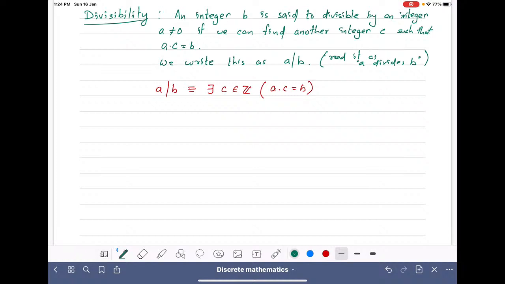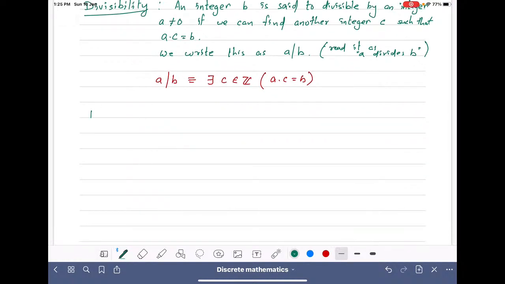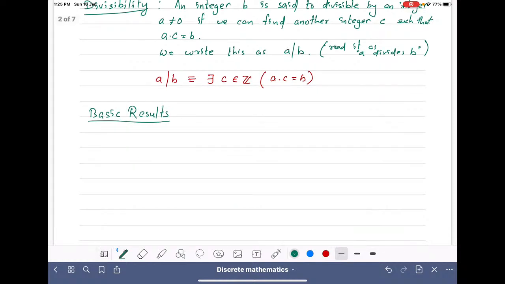Now some basic results. We will state them along with their proofs.